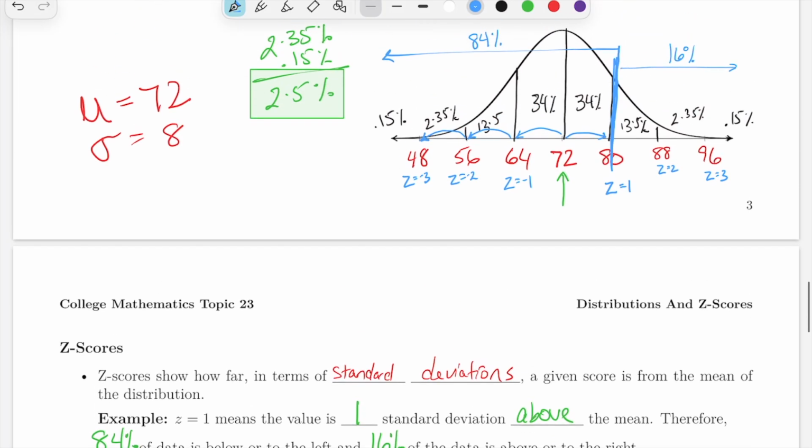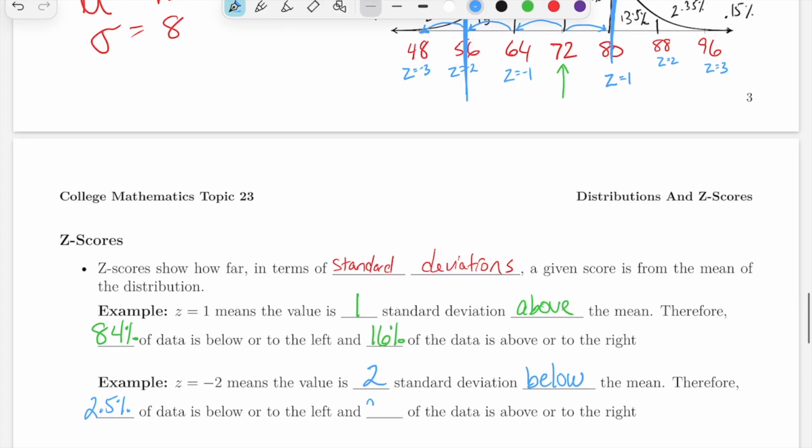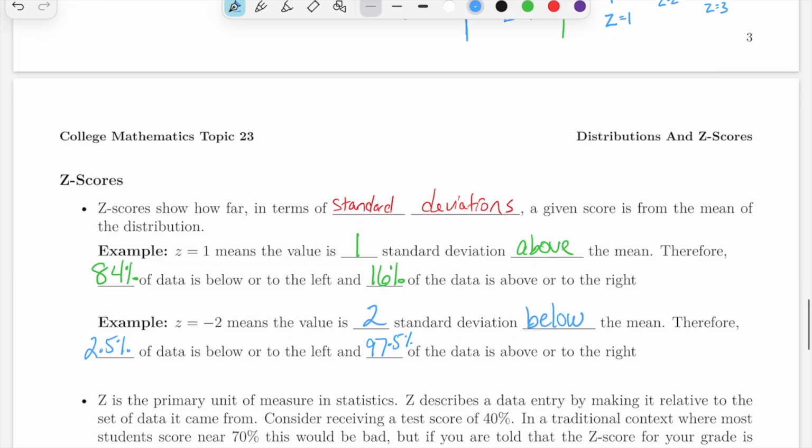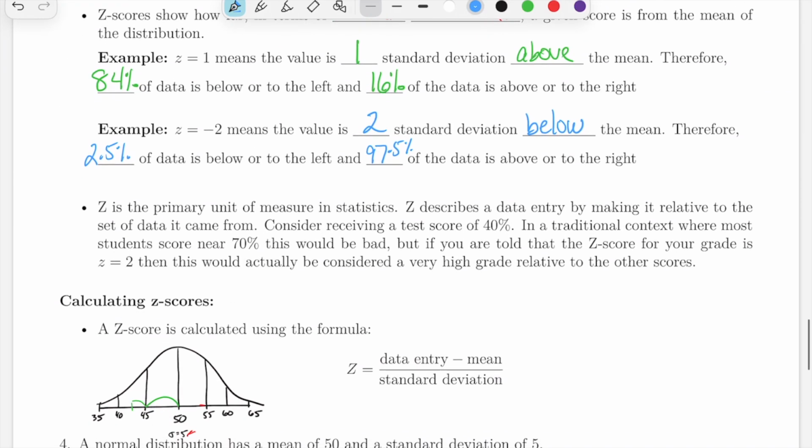And when we go back up to here, here's a z-score of -2, and you can see that only 2.5% of the data is down this low. 2.5% is to the left, and that means that the rest of the data, or 97.5% of the data, is above that value. Now, z is the primary unit of measure that we use in statistics, and we use this when we're talking about a normal distribution. We talk about the number of standard deviations.